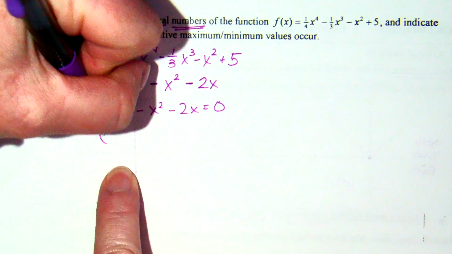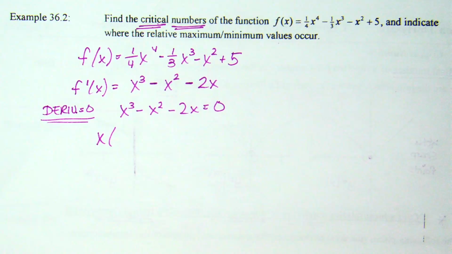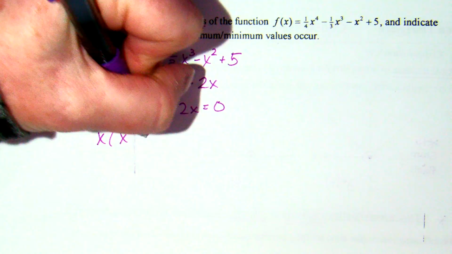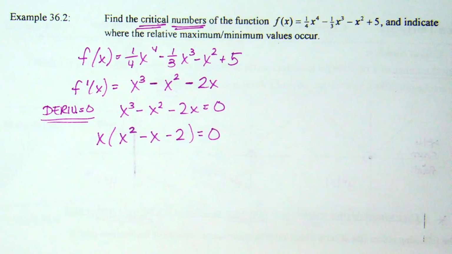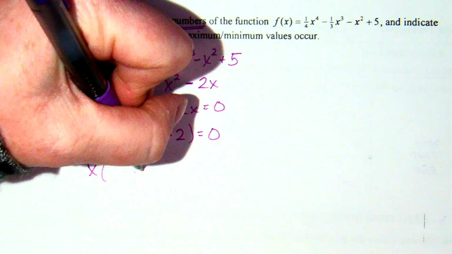Okay, so if we factor out an x, it becomes x times x squared minus x minus 2. What can I do now? Can we factor our trinomial into 2 binomials?